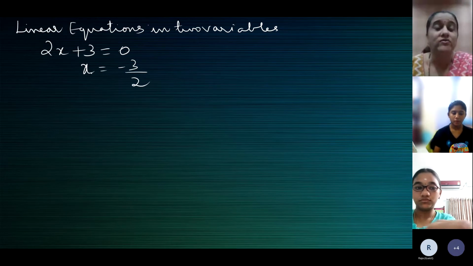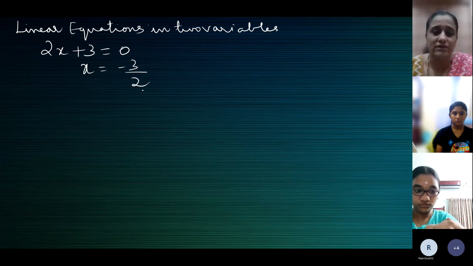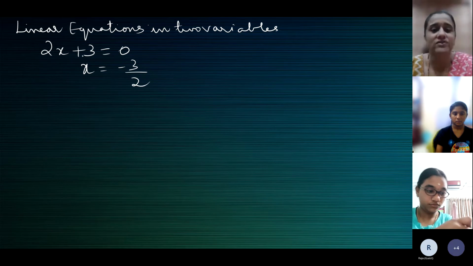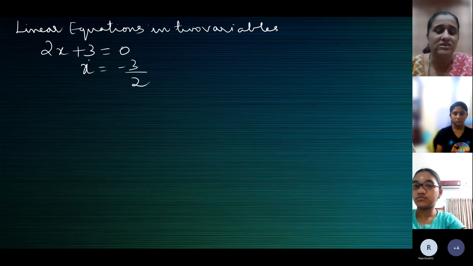And we also know that a linear equation in one variable has one and only one solution. And that solution here is minus 3 by 2, which means minus 3 by 2 is the only value of x that can satisfy this equation. Minus 3 by 2 is called the solution to this equation 2x plus 3 is equal to 0.